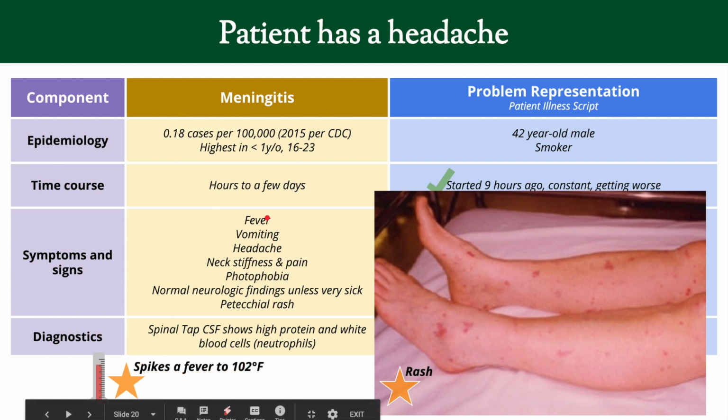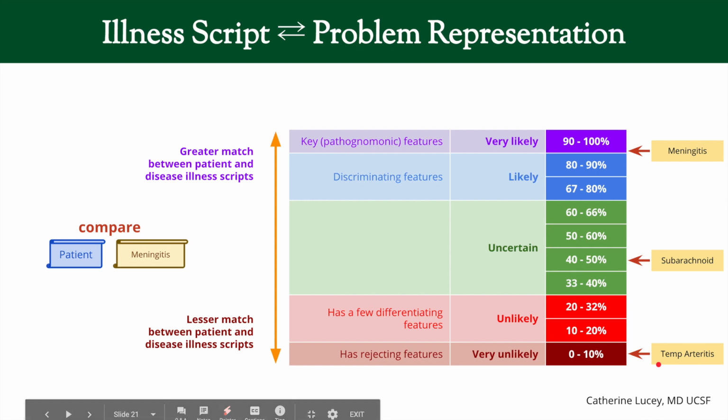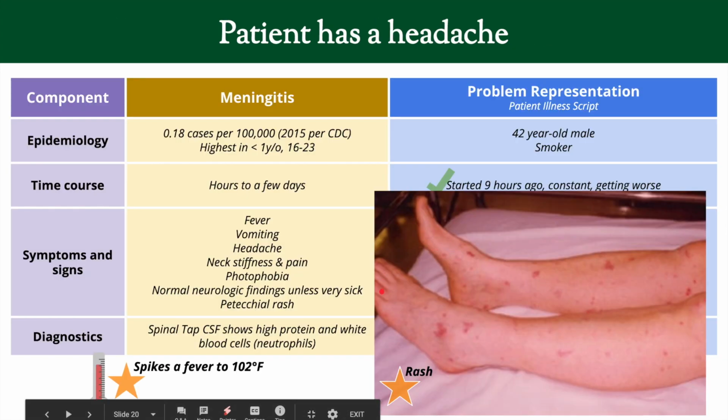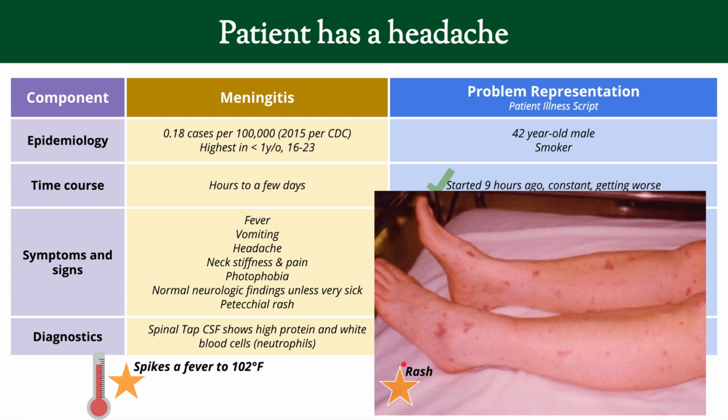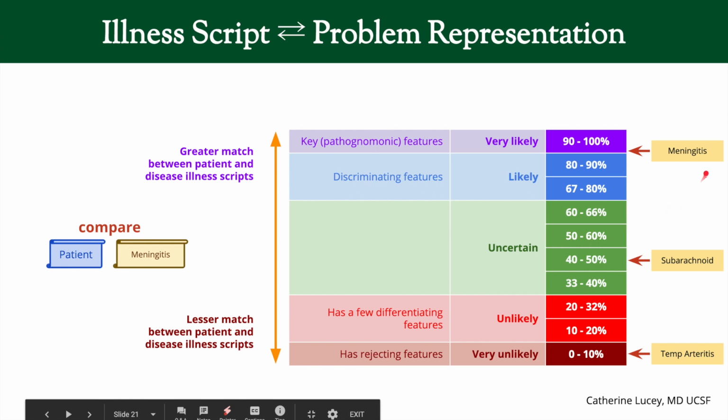And so we've got fever now and rash as well, the petechial rash. And so maybe that bumps you up here to like 90%, and you think, I think this is very likely. And so now you could see how we had a couple of key features, and we had some differentiating features, and we're only missing one differentiating feature, right there. And so maybe meningitis we would put over here.